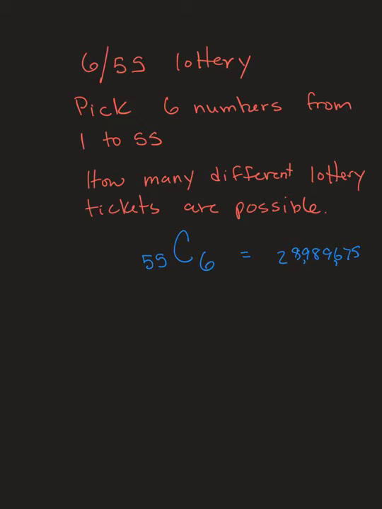So we haven't talked about probability in this class, but if you bought a single lottery ticket, you would have a 1 out of 28,989,675 chance of winning the lottery. In fact, let's just do that real quick. Why not? We're going to talk about probability in Chapter 3, but just for fun, if I was playing this 6/55 lottery, I would have a 1 in 28,989,675 chance of winning.